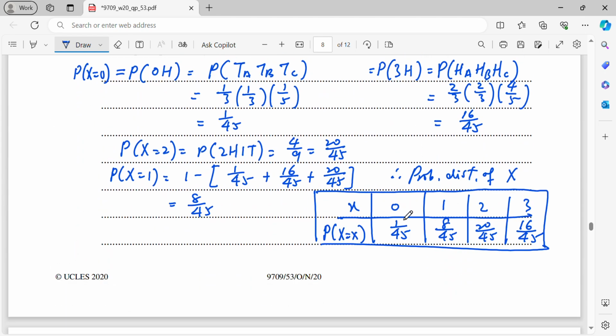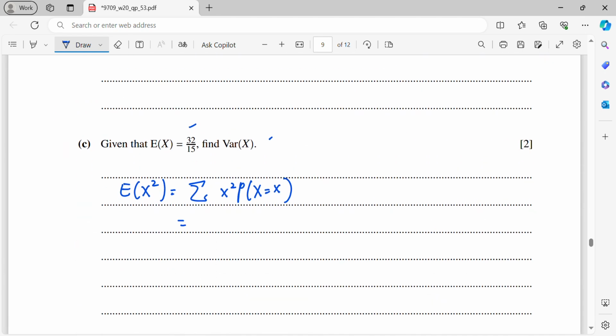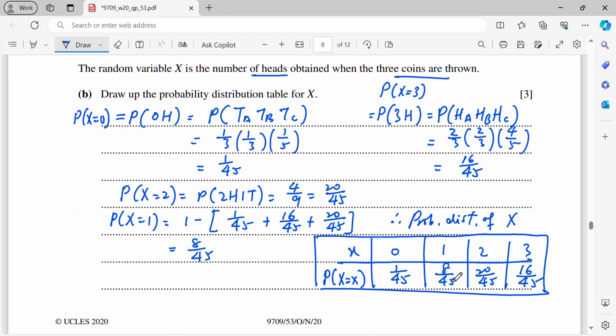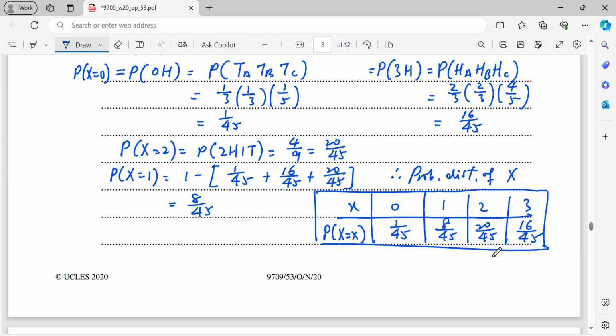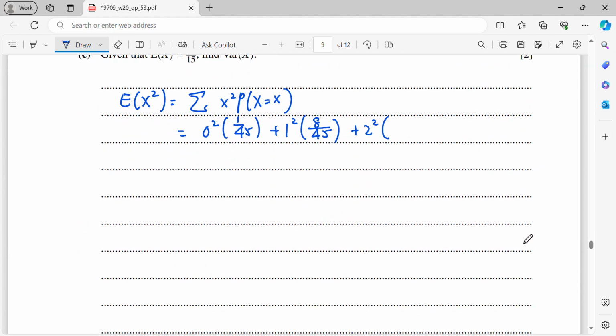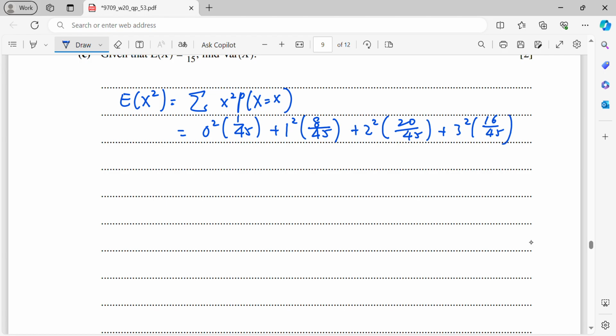Okay, so I square the x, so 0 squared times 1 over 45 plus 1 squared times the probability 8 over 45 plus 2 squared times the probability 20 over 45 plus 3 squared 16 over 45. Then from here, this is 232 over 45.